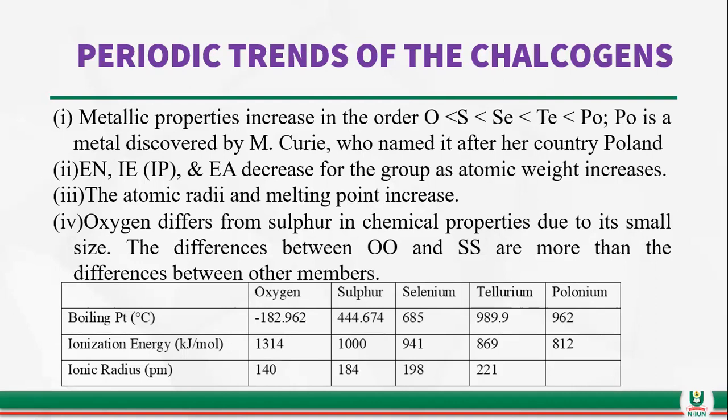You see, it's purely a metal now because of that place. And that's why, despite group 16 being non-metals, polonium is a metal discovered by Marie Curie, who named it after her country, Poland. And you can see how the boiling points, ionization energy, and ionic radius vary down the group of these compounds.